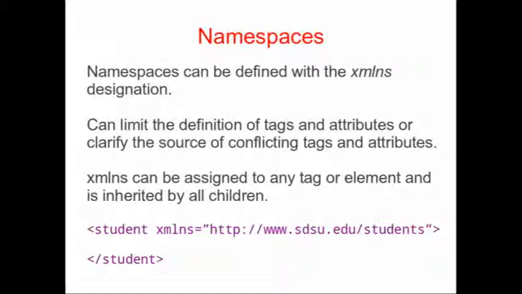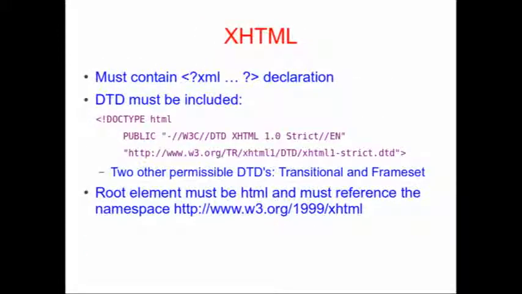So one very specific type of XML is XHTML. XHTML must contain the XML declaration, and it has to include a document type definition. There are three types of document type declaration that can be included.